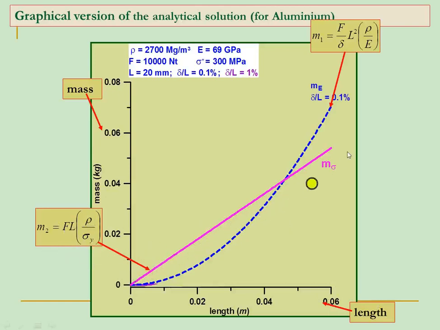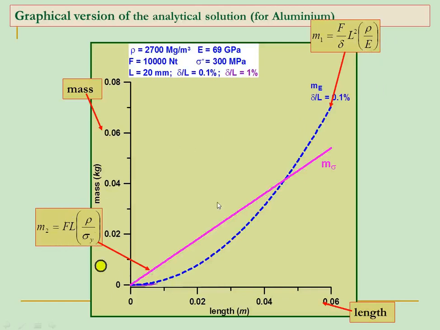This is the pink line. So the pink line gives you M sigma, the mass of the tie rod according to the strength based design, and the blue curve here gives you the mass of the tie rod according to the stiffness based design, and they are governed by these two expressions for M1 and M2.